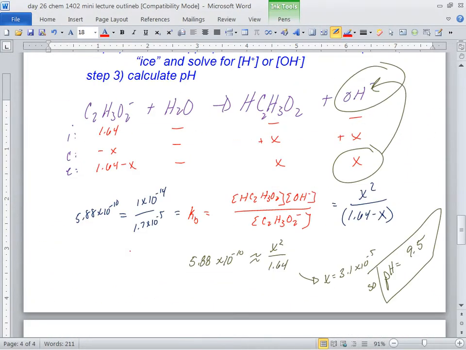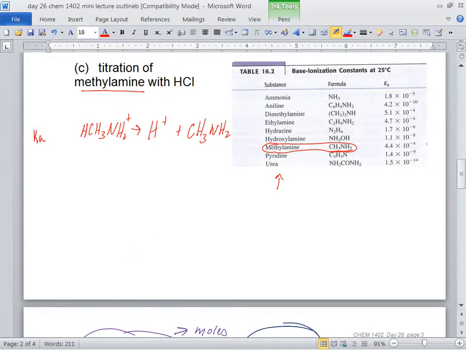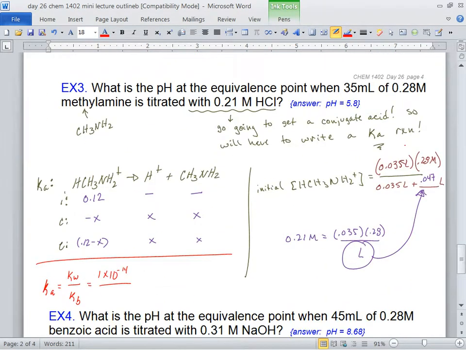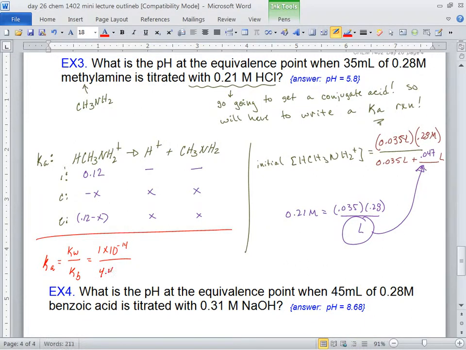What is the Kb for methylamine? Did you get a final answer? But it matched, right? 5.7. Perfect.